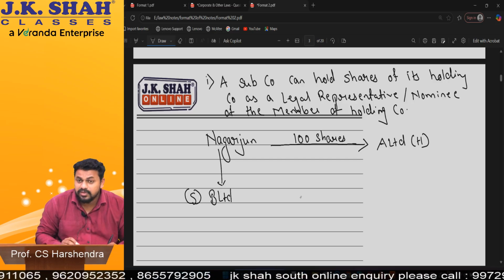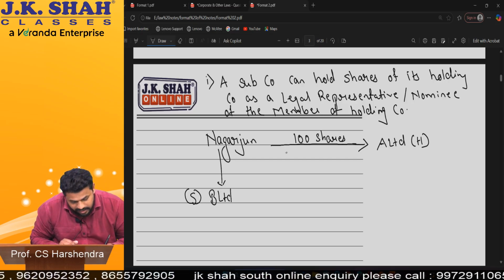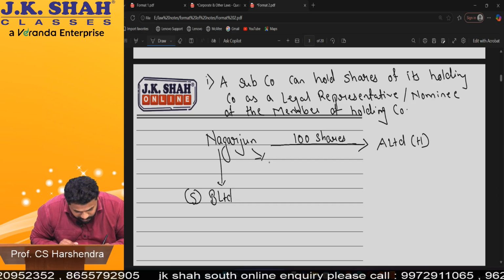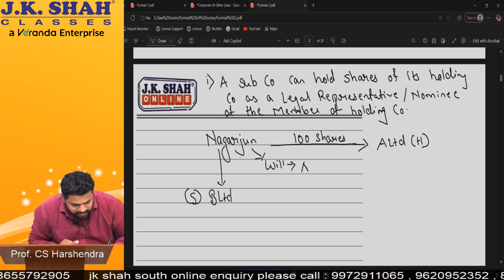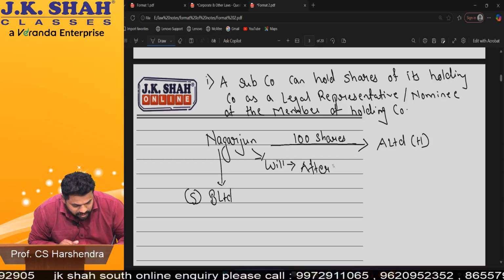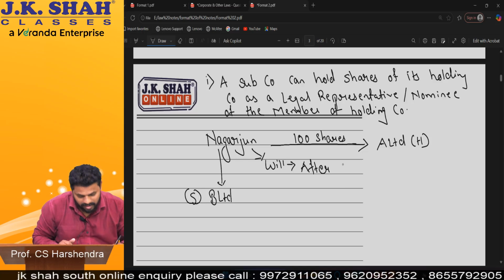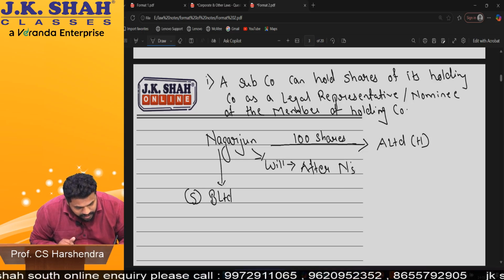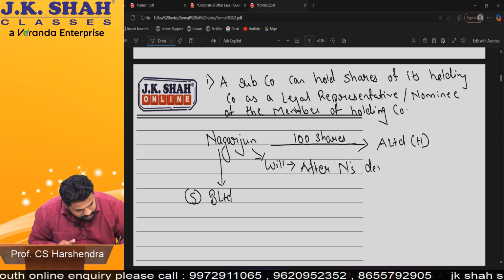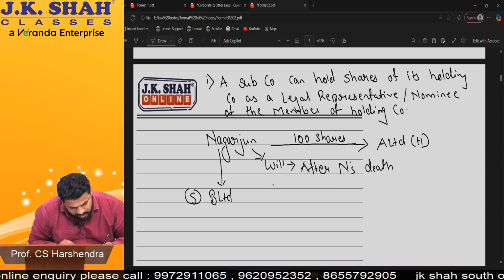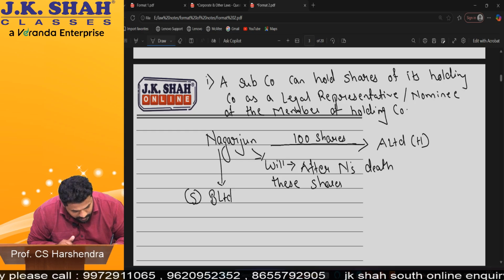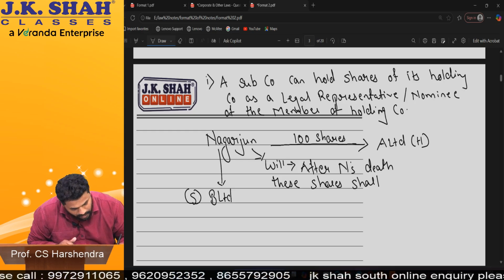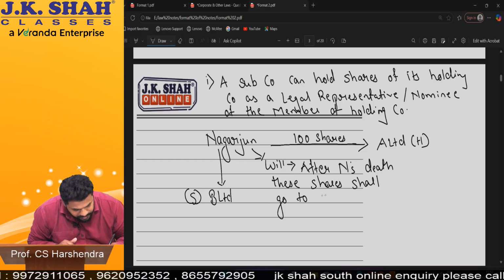Now what does Nagarjun write in his will? He makes a will, and in his will he writes, after Nagarjun's death, these 100 shares shall go to his own company.